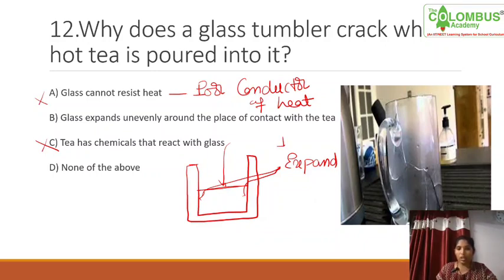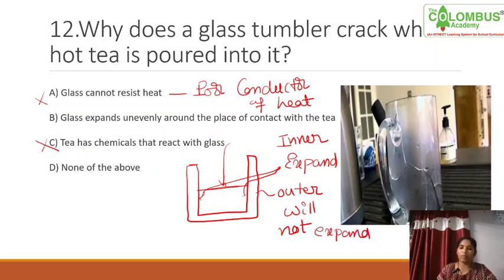The inner wall tries to expand and the outer wall will not expand. Due to the inner wall expansion, the outer wall resists the expansion, so the glass will break. This is called uneven expansion. That's why a glass tumbler cracks when hot tea is poured into it.